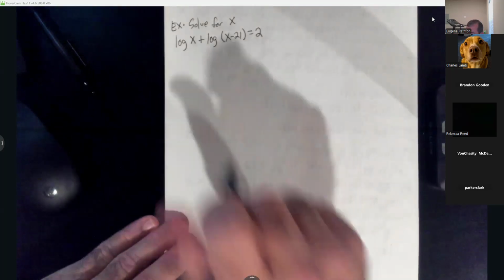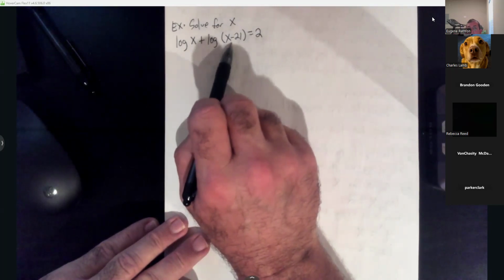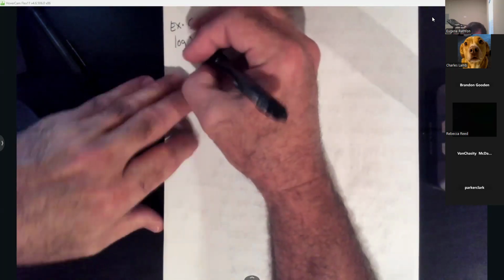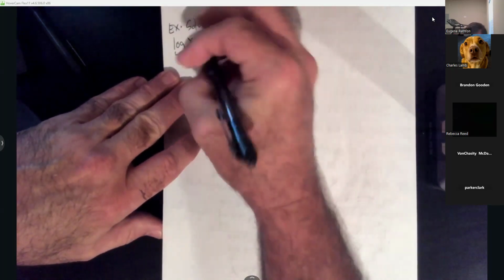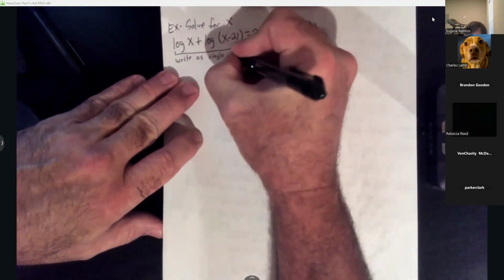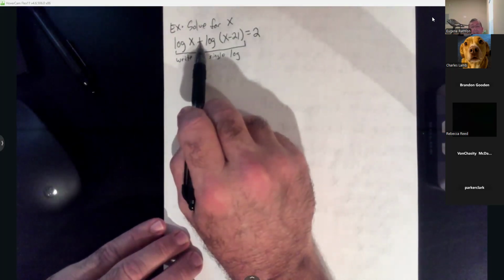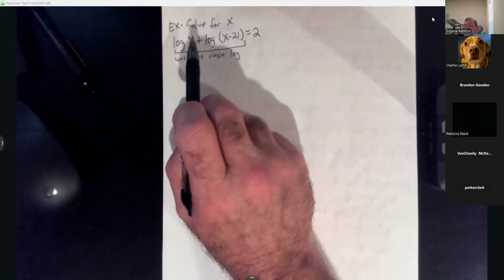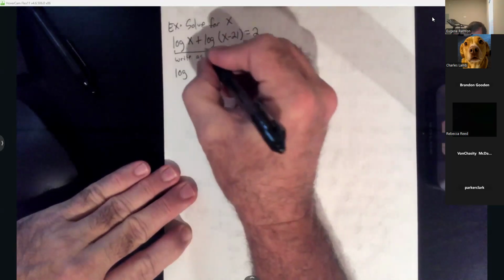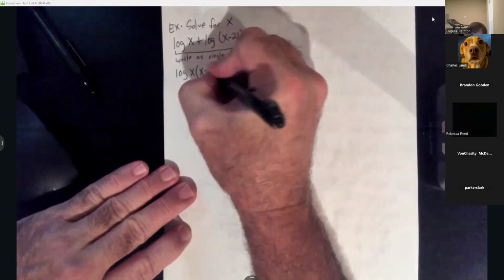So look here. We got logs that we can combine on one side. So that was that first step. If needed, combine logs. Well, what we got to do over here, we got to write as a single log. So since they're being added, we rewrite them as a single log of a product. So bring out that log. And my product will be the x times the x minus 21.